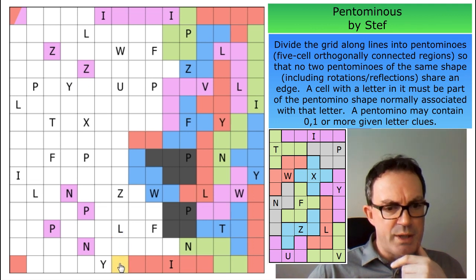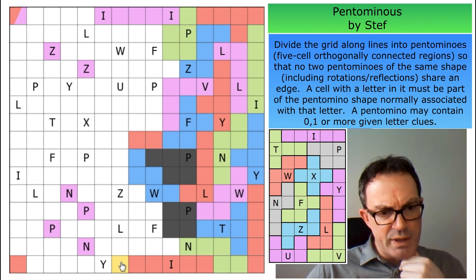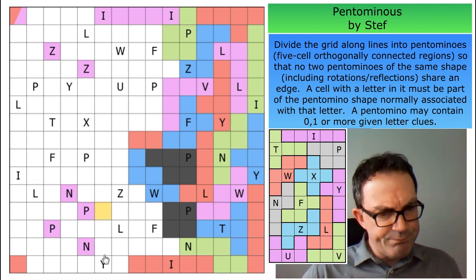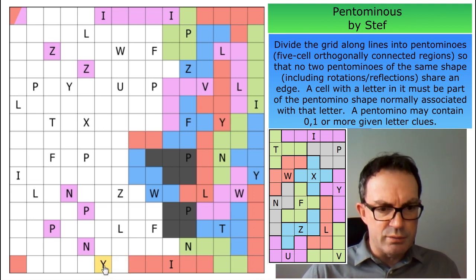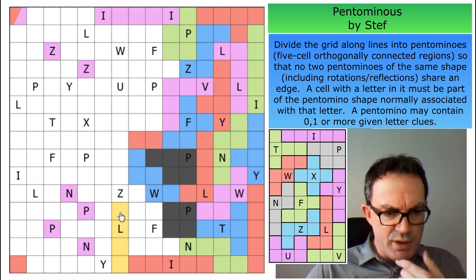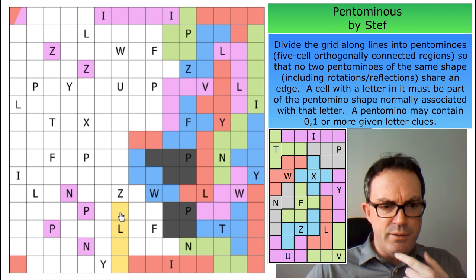Well, this square here could be part of the Y, or it could be part of the L. So if this L goes vertical, surely that's broken.